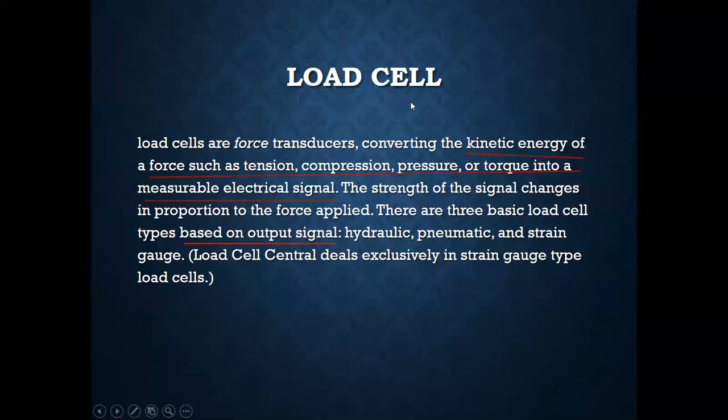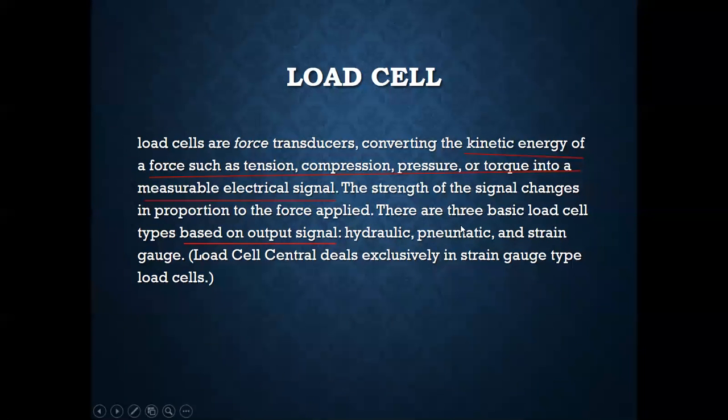A strain gauge is only one item. In the case of a load cell, we are using a group of strain gauges. The change in length is in proportion to the force applied. I explained in detail that if you apply a force on a strain gauge or on a load cell, its length is changing. Length change means resistance change.